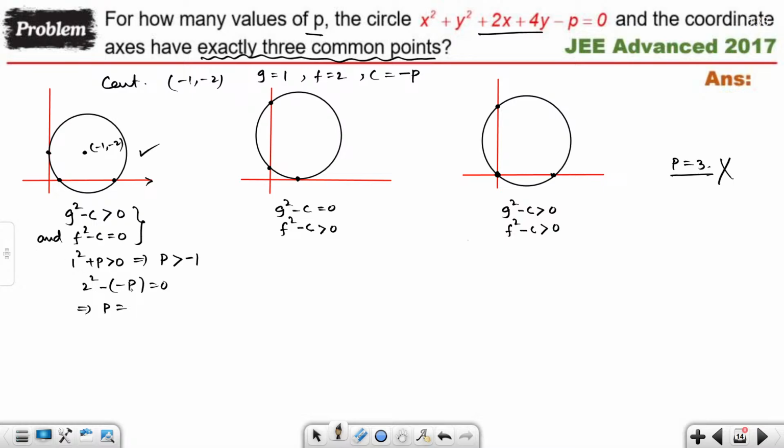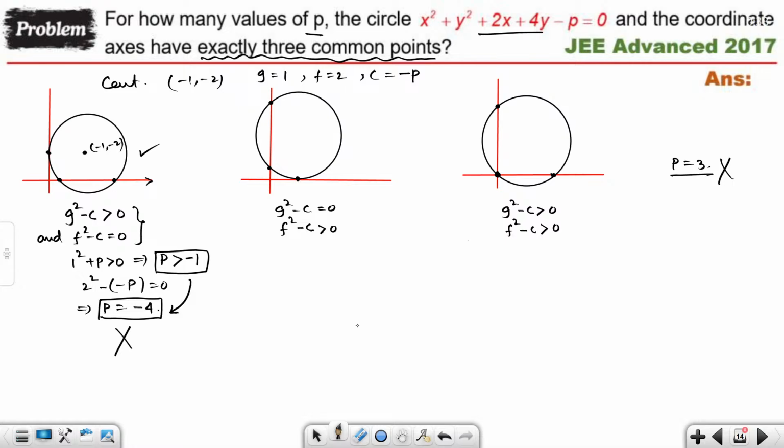Because here we are getting P plus 4 equals 0, so P is coming to minus 4. Is it clear? Both these conditions have to be satisfied. But if you observe, as P should take a value more than minus 1, it is not going to satisfy minus 4. So this condition is not possible.